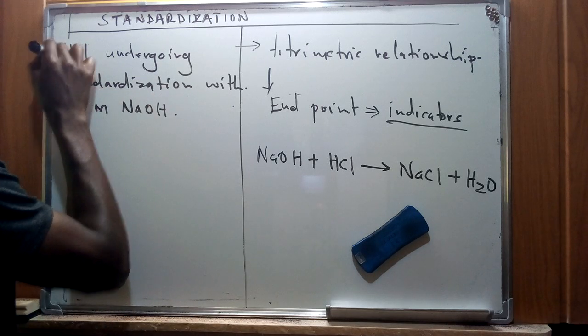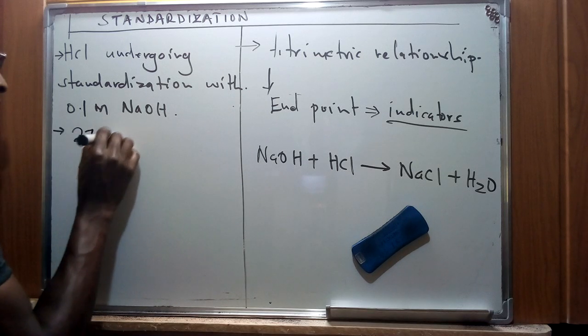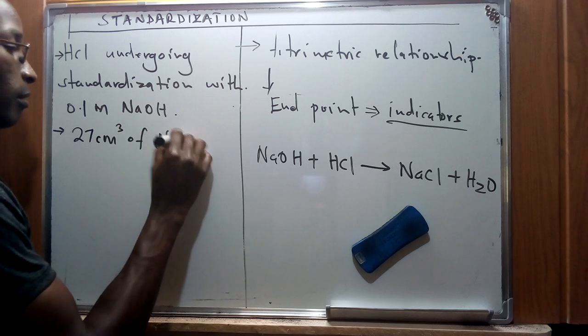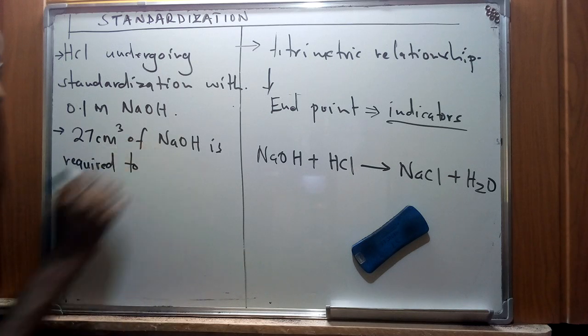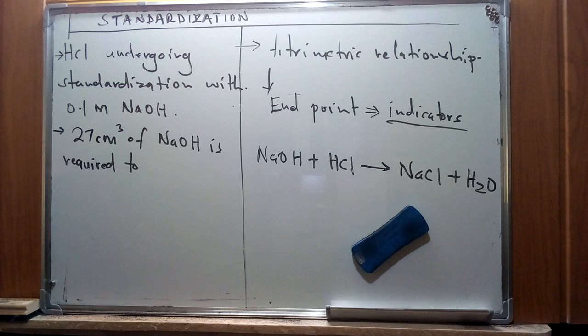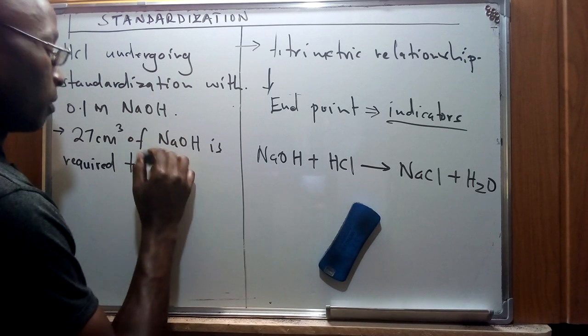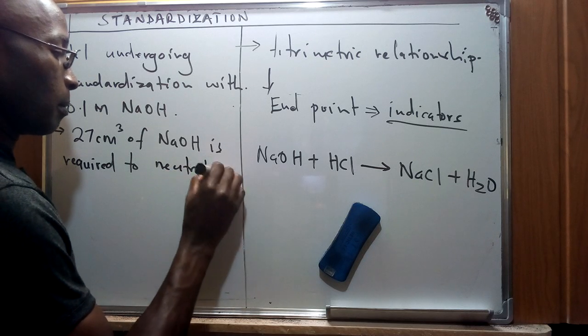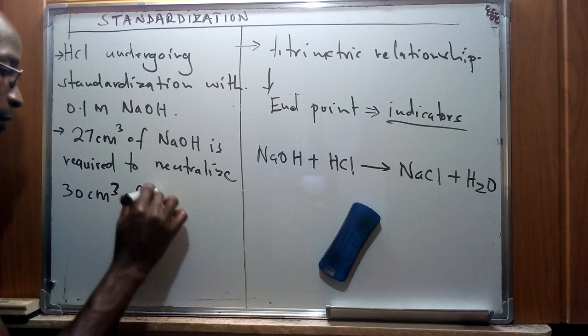In this case, the volume of sodium hydroxide that is used to fully neutralize the acid is 27 centimeter cubed of sodium hydroxide, which is required to neutralize 30 centimeter cubed of HCl.